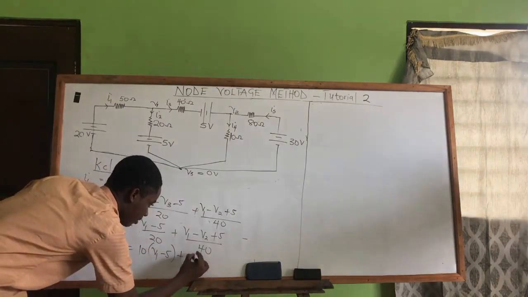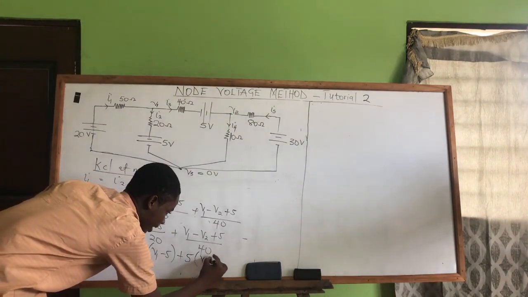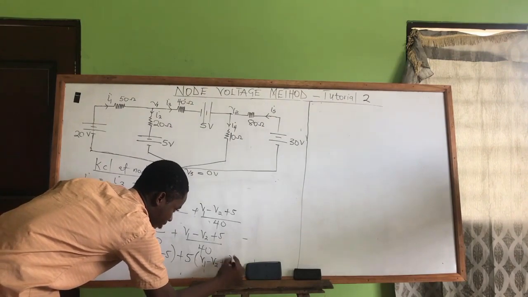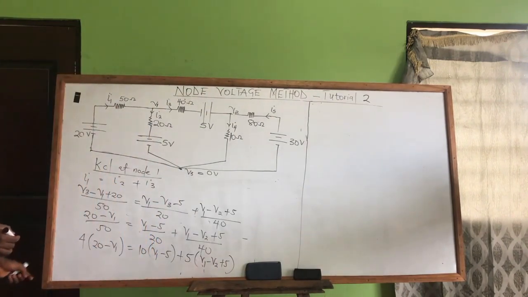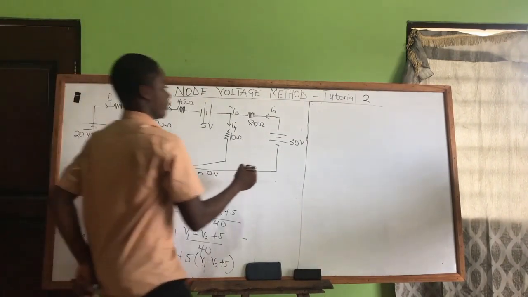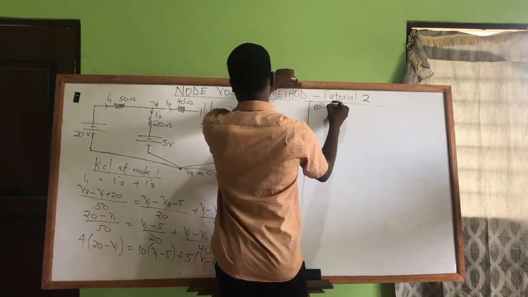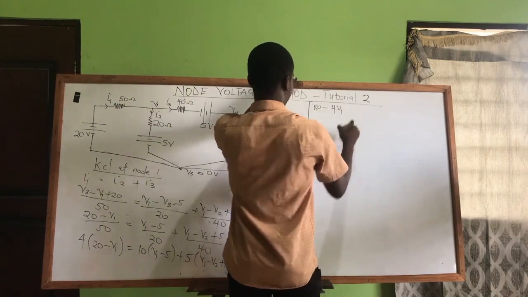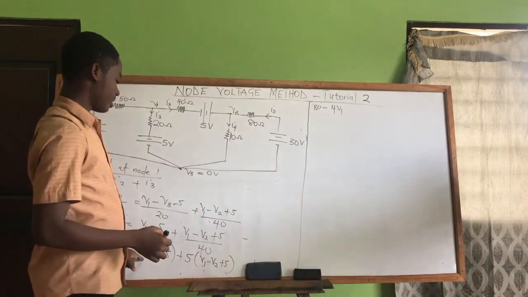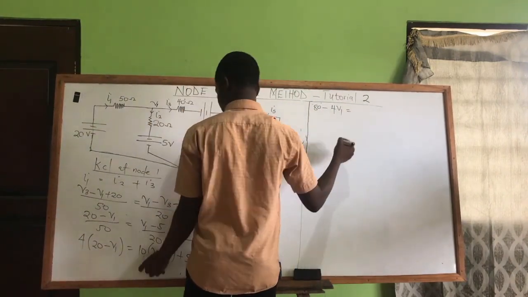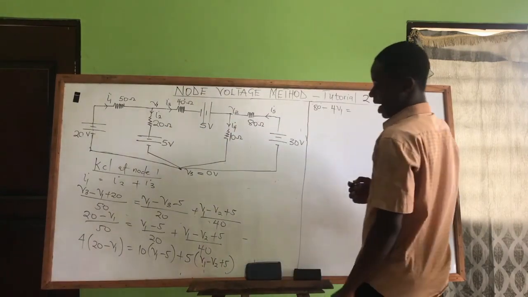So 5 multiplying V1 minus V2 plus 5. So let's expand the brackets. We have 4 by 20 giving us 80 minus 4 V1. We come here, is equal to 10 by V1.